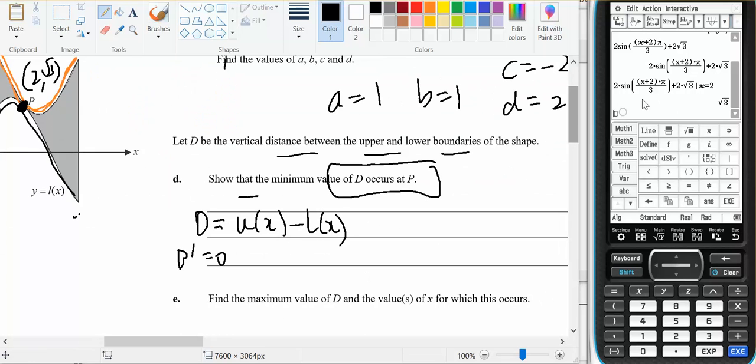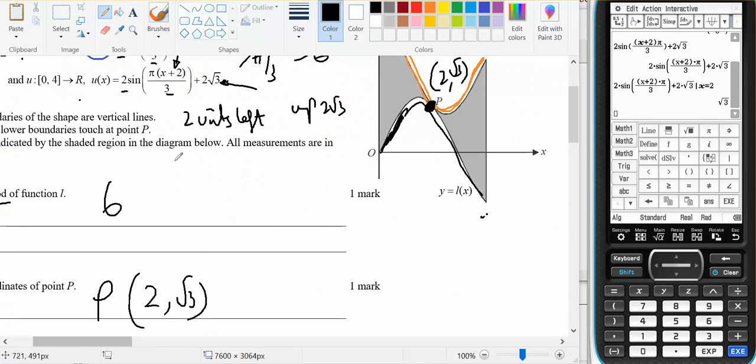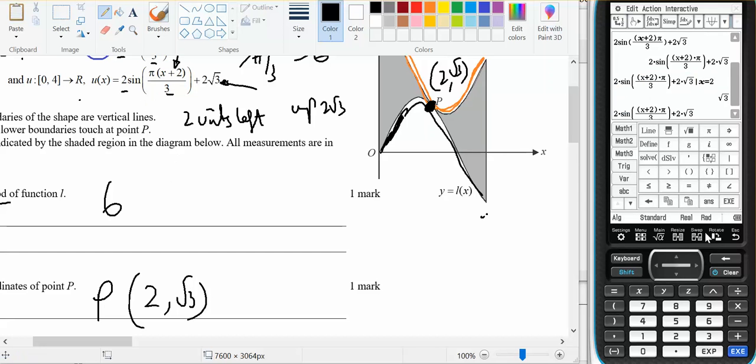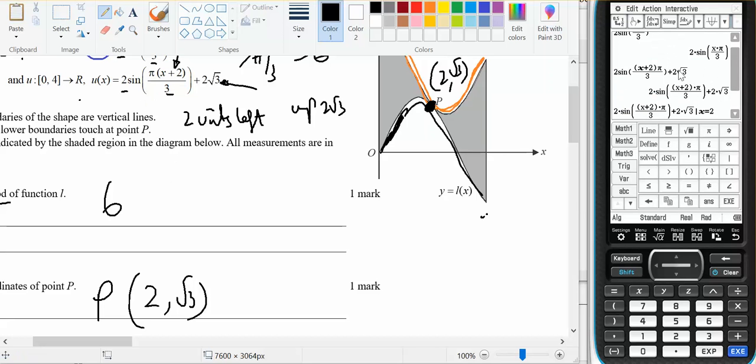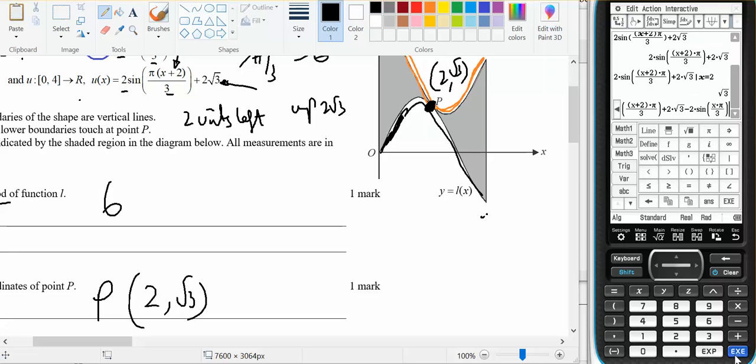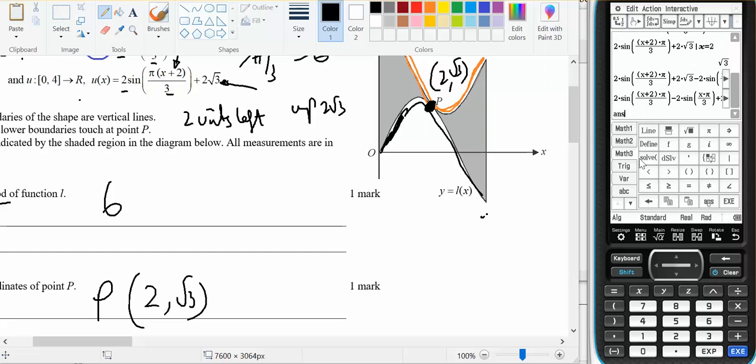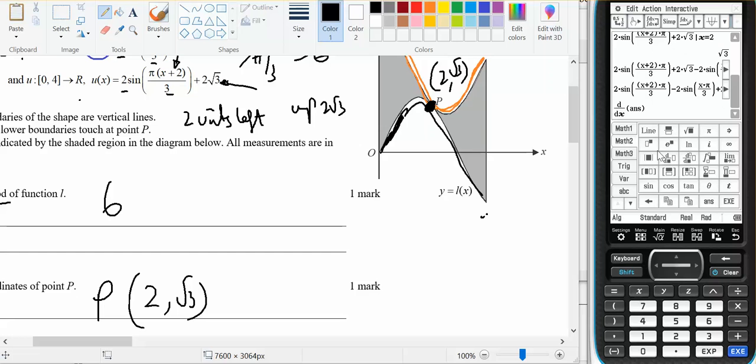So what is it? It's U, and U is the one with the root 3, so it's this minus this. Execute, type answer, take the derivative of the answer, make it equal 0, and put in my restricted domain.